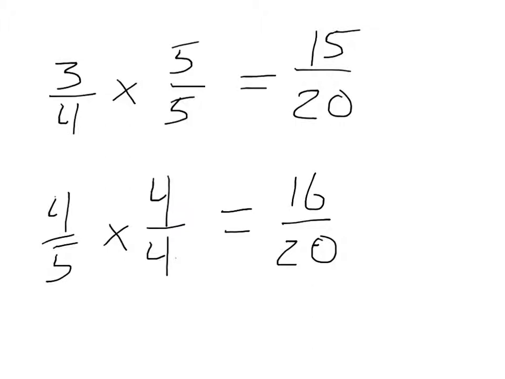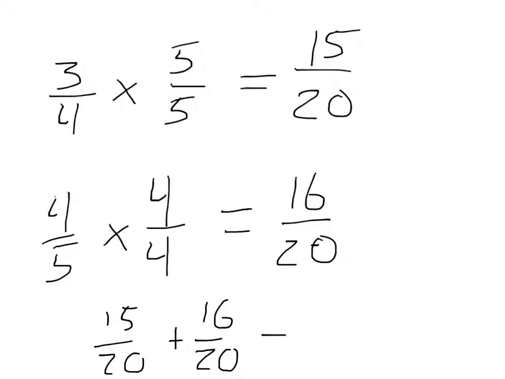So this problem becomes 15/20 plus 16/20. Okay, since the denominator here is the same, we can add straight across. So we will have 31 over 20. And that is an unsimplified answer.